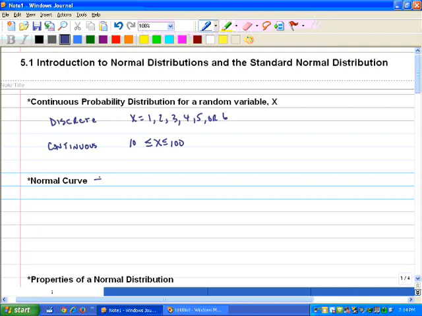The normal curve is the graph of a normal probability distribution.